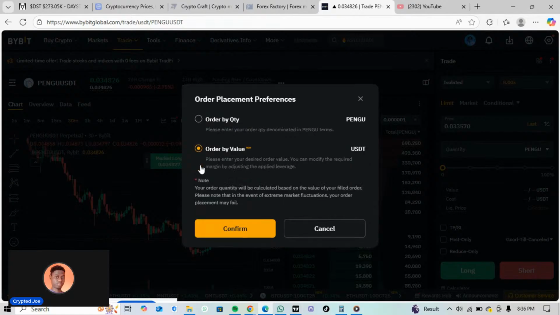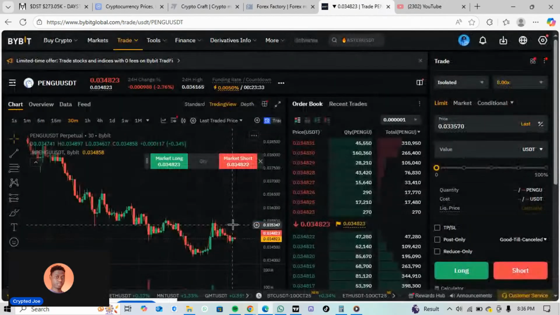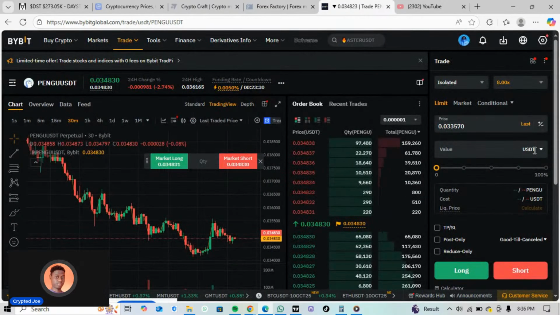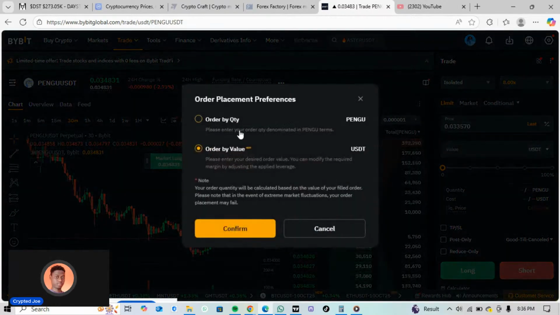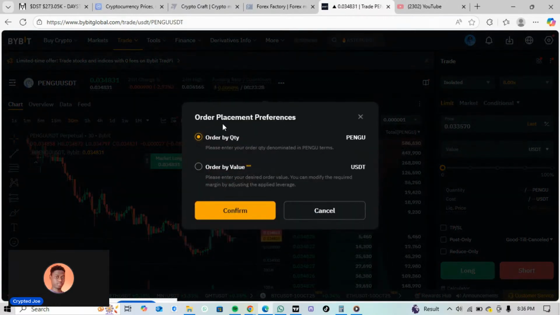If yours is showing the name of the coin, click on that small arrow and change it to order by value. Then you confirm. You see, it has changed to USDT. But if it's on quantity, it will be the name of the coin, like the quantity of the particular coin you want to buy, that Pengu, BTC, Solana, BNB, XRP.